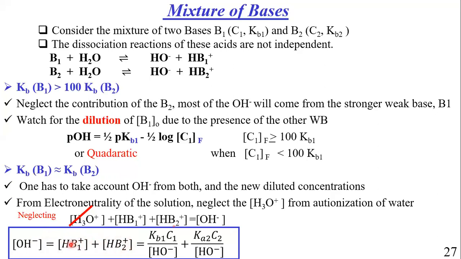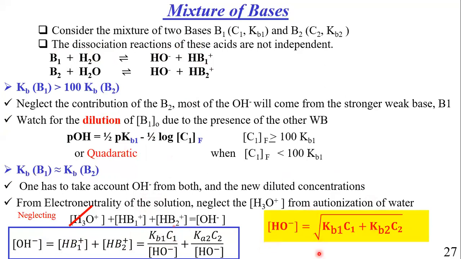For each of these species, get the species from the Kb expression. Kb is HB plus times OH minus divided by B1. Solve for HB plus: HB plus will be Kb1 times B1 divided by OH minus. But B1 is simply the initial concentration of that base in solution, in other words, the diluted concentration, because x is negligible.